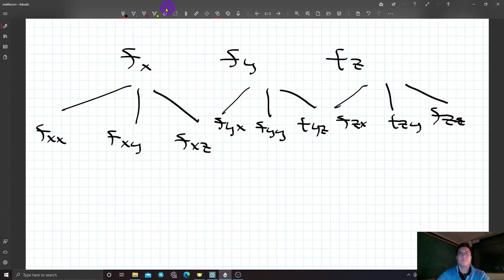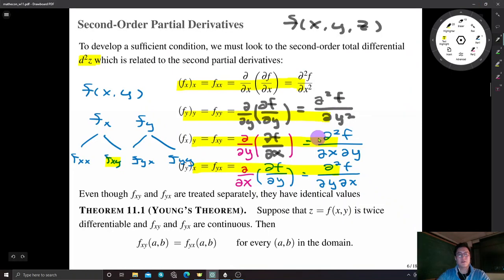So we have a total of 9 second partial derivatives. When the function depends on four variables, we have a total of 16 second partial derivatives, and so on. So the number of second partial derivatives grows exponentially.